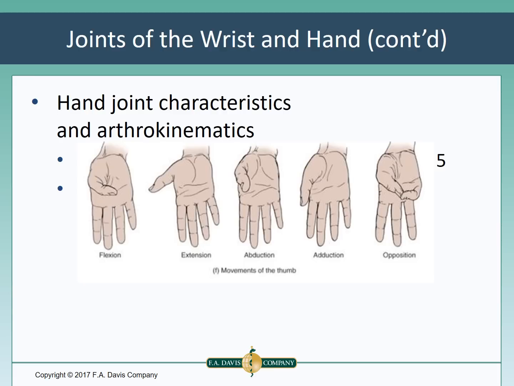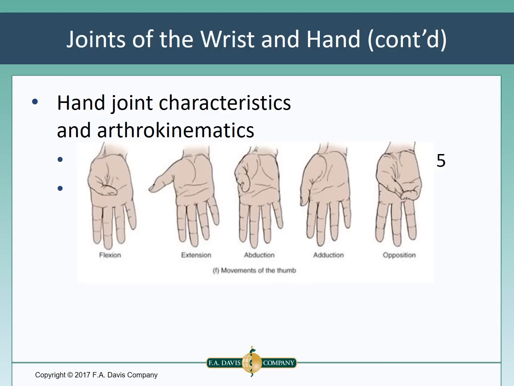The collateral ligaments remain constant throughout the range of motion, trying to prevent that abduction and adduction. We have increased range of motion as we move from the radial to ulnar side for flexion and extension, and the reason for that is towards the ulnar side, we need the opposition of those fingers to try to get to the middle of the palm for increased grasp.